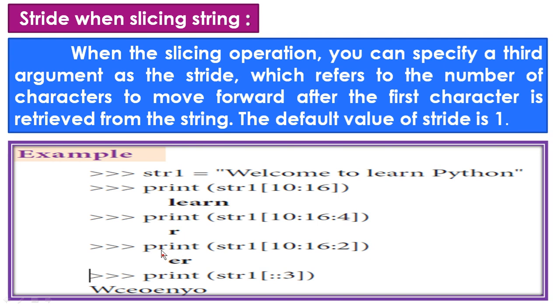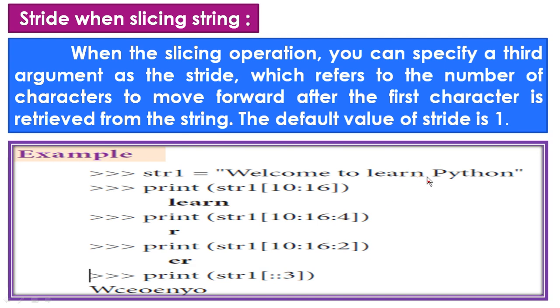In the next example, print str1 of 10 colon 16 colon 2. That means 10 is blank space here, 16 is n. In between, a gap of 2 characters is printed here. Here the first character e is 0, then 1, then 2, this is 2. So e is printed. From this 1, r is printed.